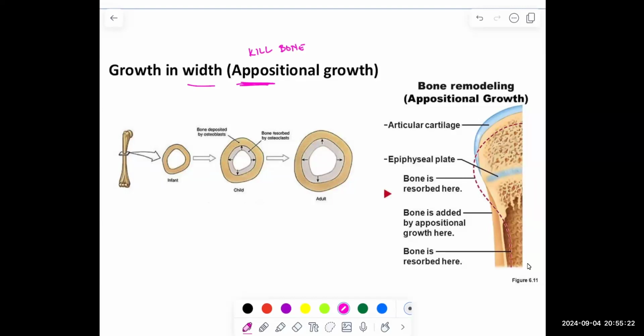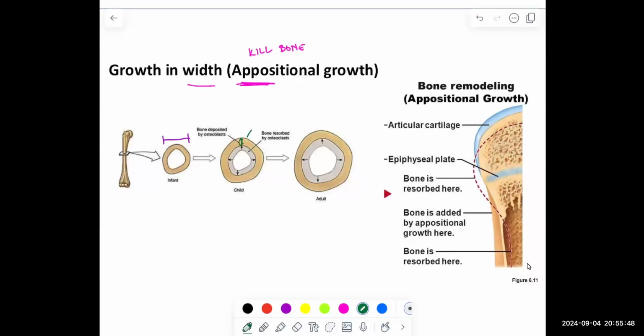How does this work? When you are an infant, your bone is probably only like that big around. Like an inch. Your humerus, your femur. They're not very wide. Okay, so what happens is when you grow into a kid, that bone has to get wider.